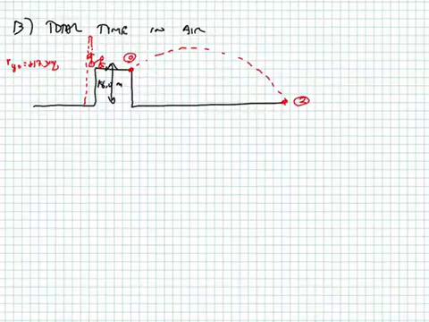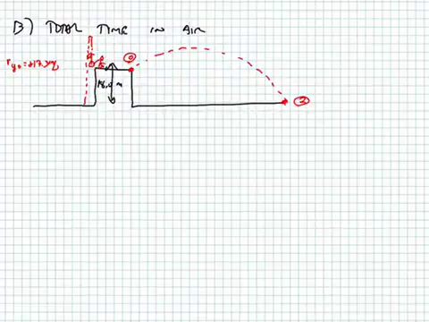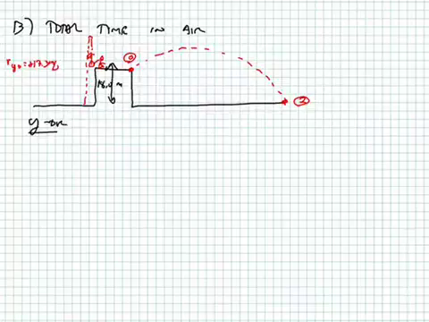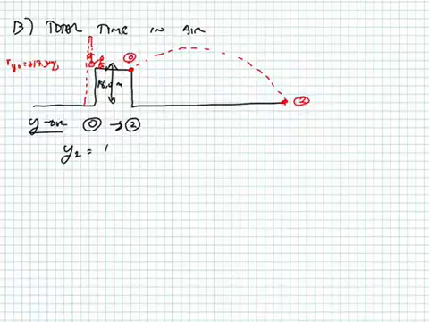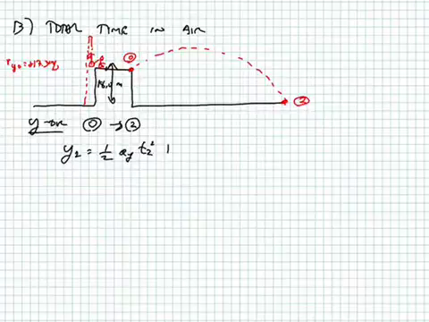And remember, in order to solve this, we had to use the quadratic formula. So I'm just going to look at the y direction, because the y direction is dictating the time. And I'm going to go from 0 to 2. So y2 is equal to 1/2 ay times time 2, which is what I'm looking for, squared, plus Vy naught times time 2 plus y naught.